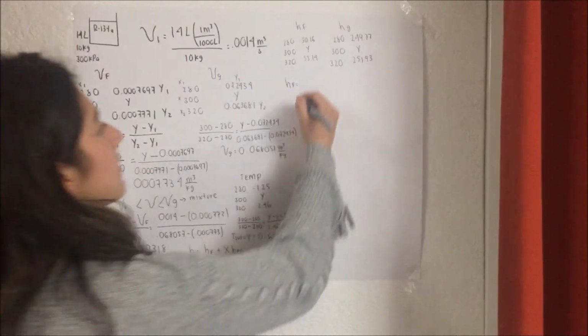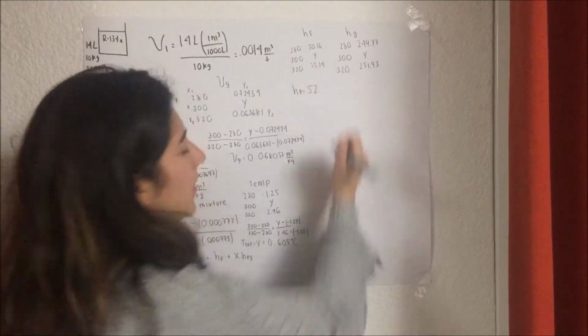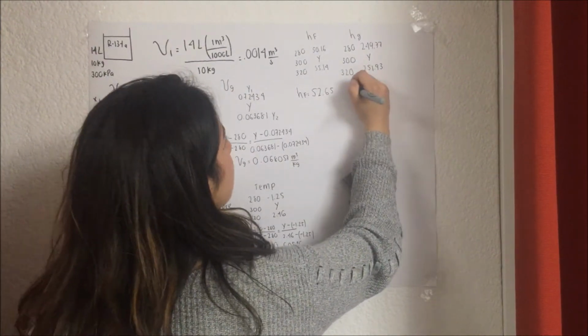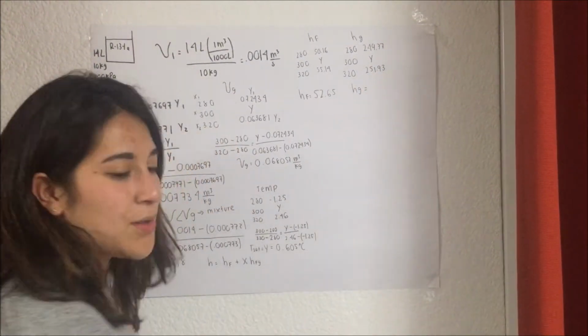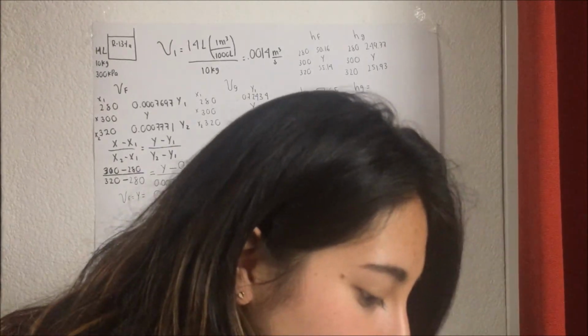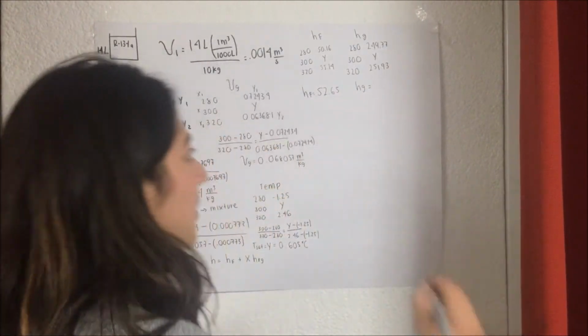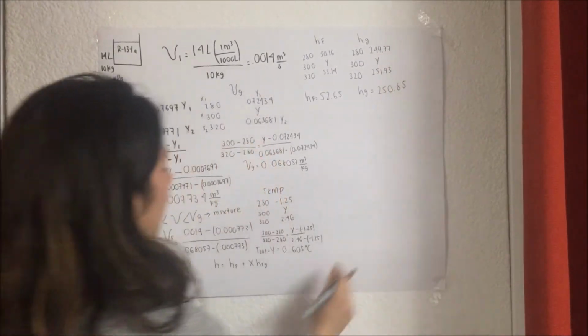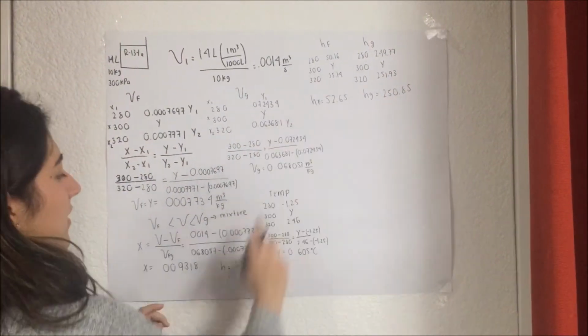In this case, hf equals 52.65, and our hg equals 250.85. So we put these values in this formula.